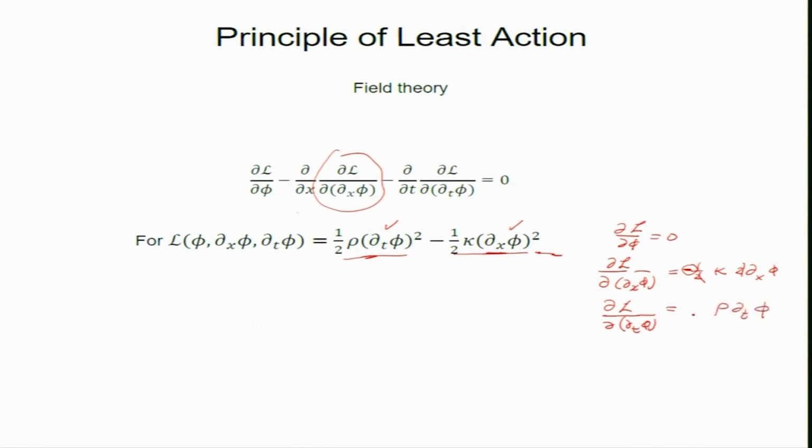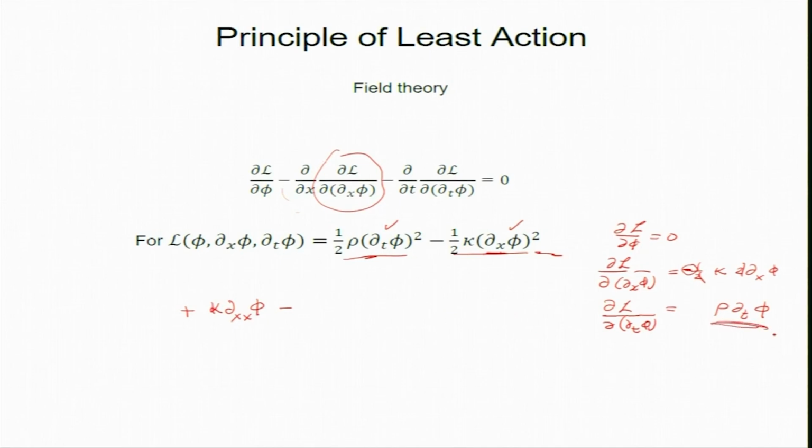Substituting it here, the first term has a minus sign out there, so minus becomes plus, giving plus kappa. I take the derivative with x, since kappa is constant, so I get the double derivative of phi with x. The second term is minus the derivative of this with t.